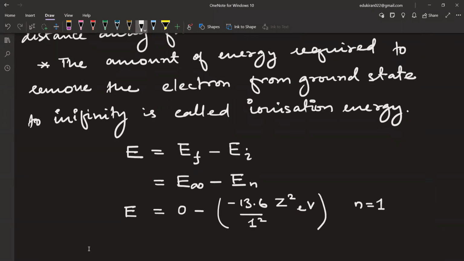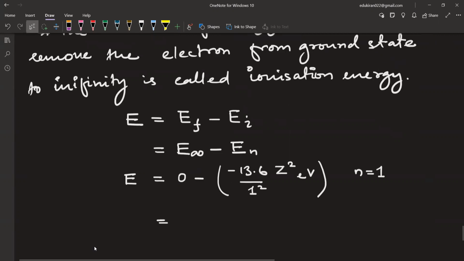Now you can see that this energy is coming what? As positive. 13.6 Z square electron volt is the energy required to remove the electron from first orbit to infinity. This is the energy required. This is the ionization energy.